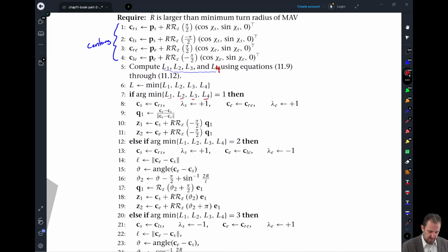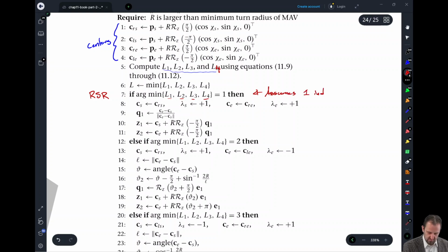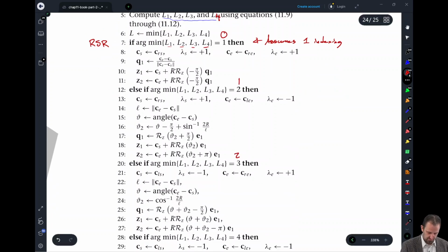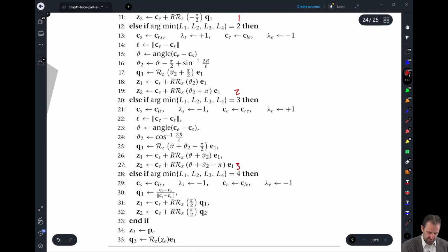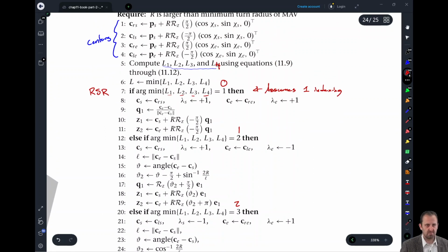In other words, L1 was our RSR case. This assumes 1 indexing. If you're going to be doing it in Python or whatnot, this should be a 0, and similarly, this would be a 1, this would be a 2, and this would be a 3. So if you're 0 indexing, it's going to be 1 greater.